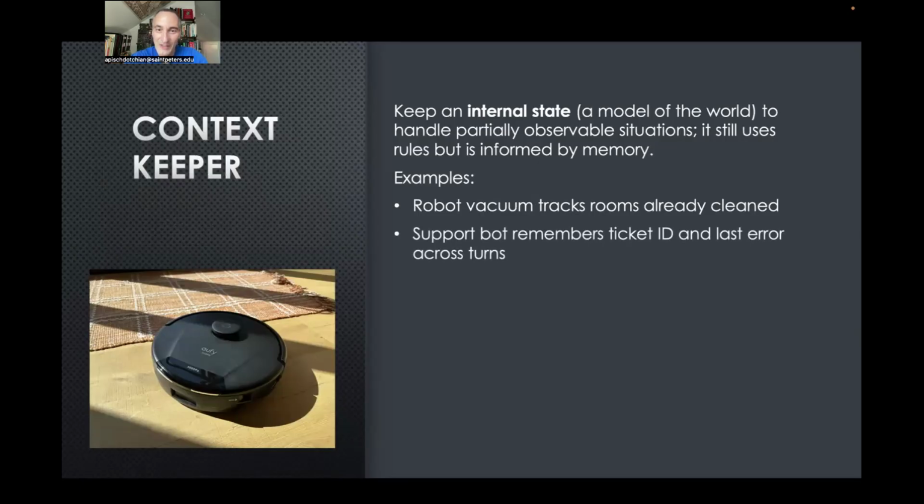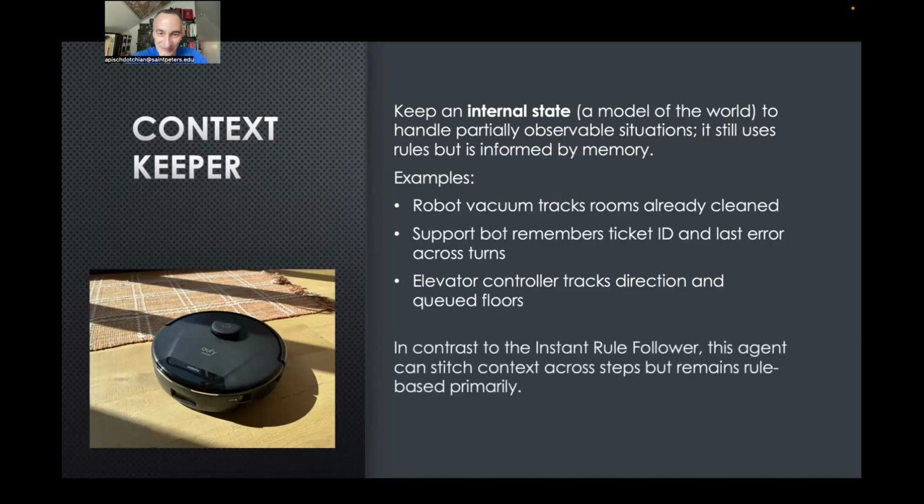Or so we hope. The support bot remembers ticket ID and the last error across turns as it goes reiterates. The elevator controller tracks direction and the queued floors. So that is an example of a context keeper agent.